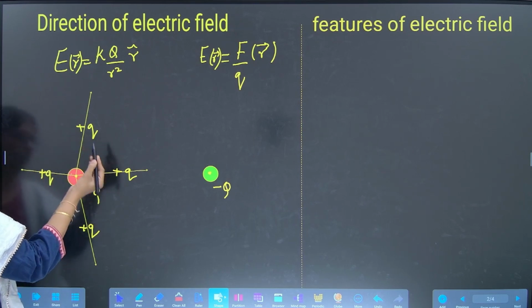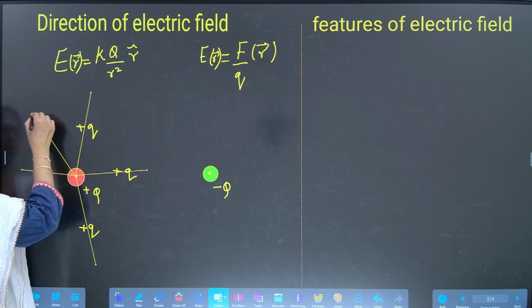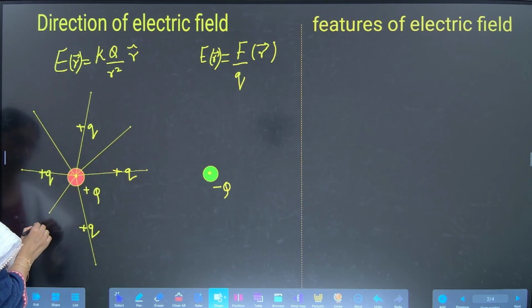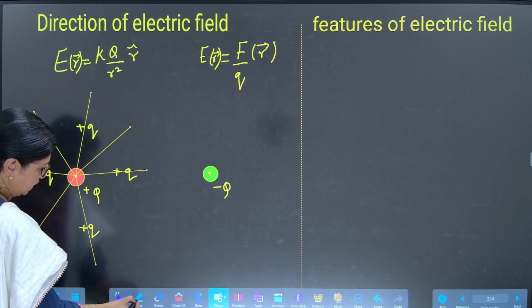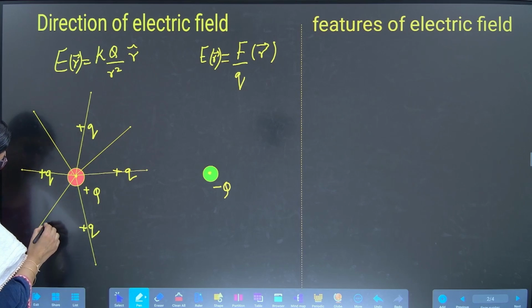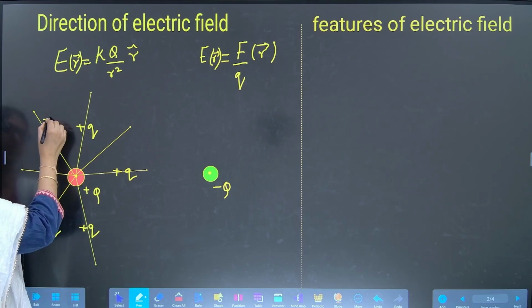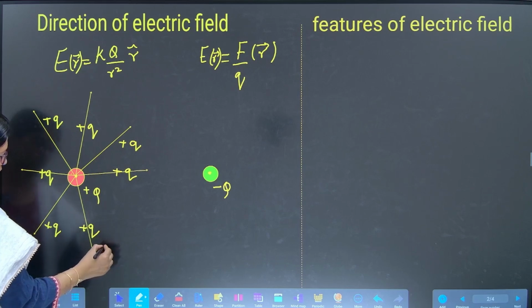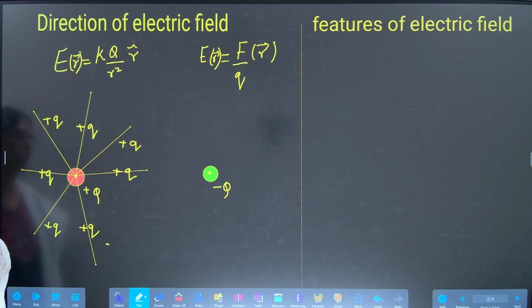Fine. We can take as well more number of charges. We can do that, right? Okay, placing positive test charges as many as we want around the positive source charge.